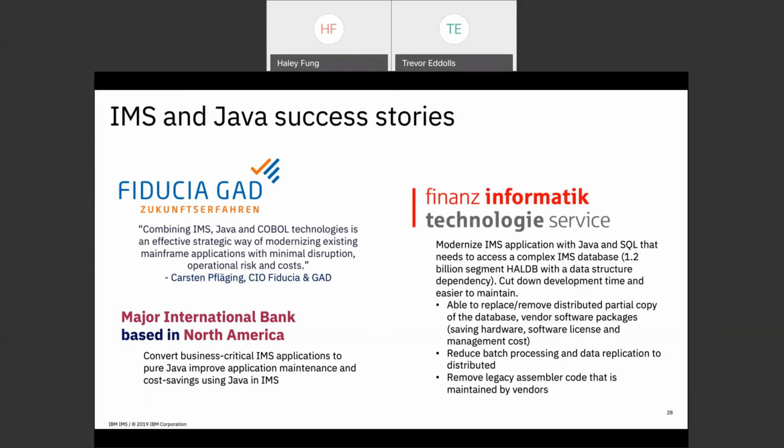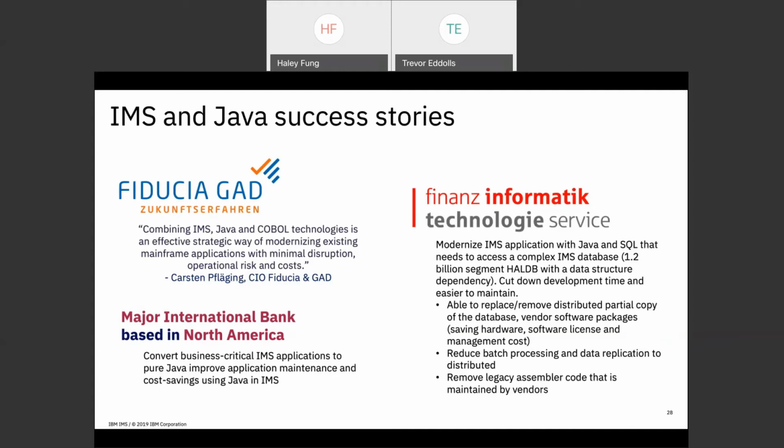They actually built a whole Java framework with that. And they actually developed a red book that described all the details of what they have done. And this is a project they did two to three years ago. So there's a lot of technical details of what they went through in terms of using Java as part of the key modernization strategy with IMS.